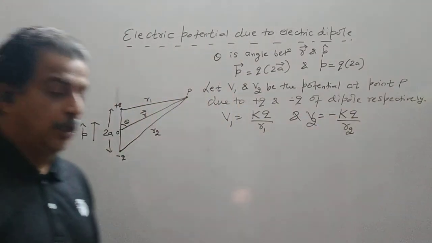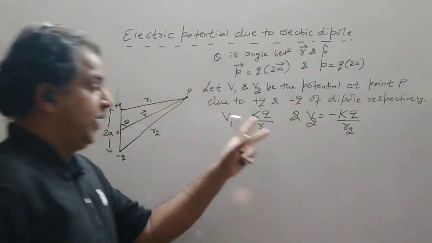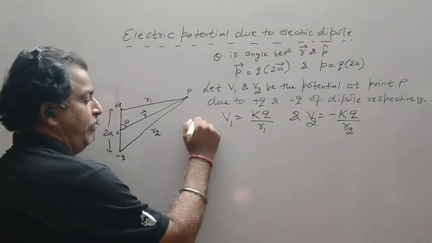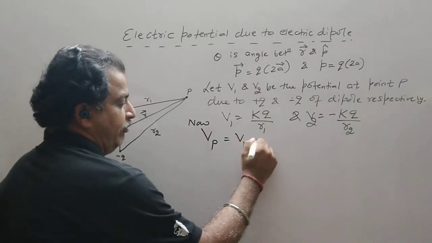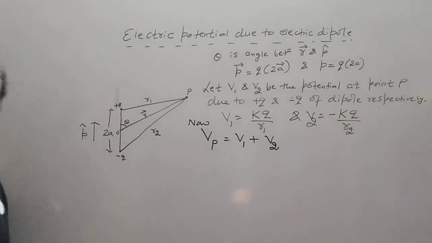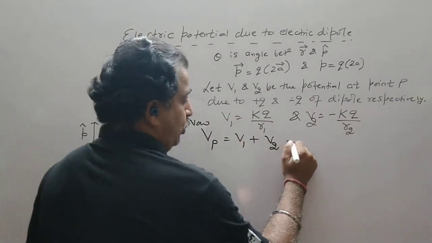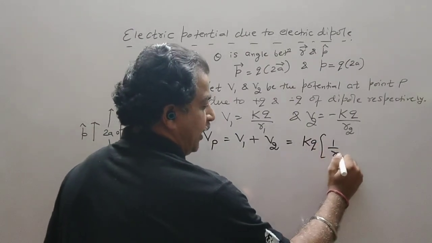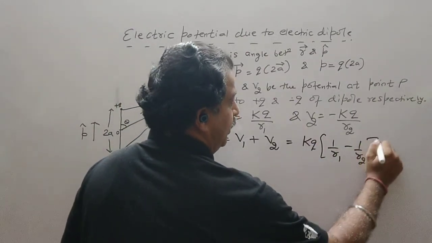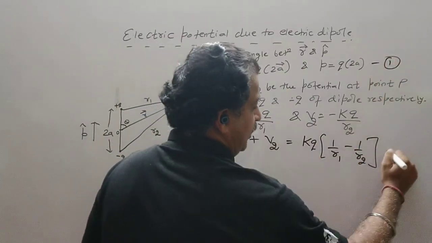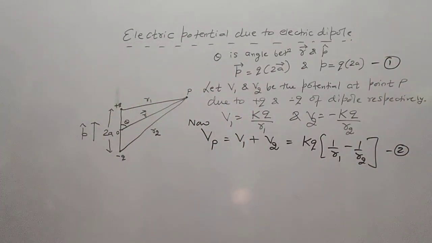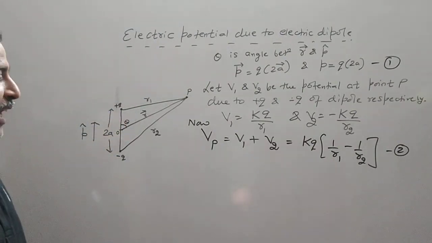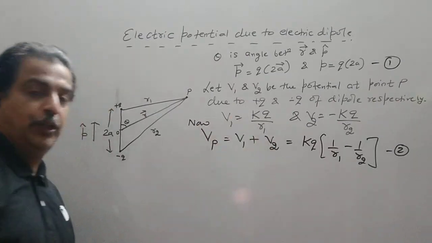Now the total potential will be the summation. So potential at P, Vp, is V1 plus V2. This is equal to, I substitute this value, so KQ is common, 1 upon R1 minus 1 upon R2. Let this equation be 1, this is equation number 2. So this is the potential at point P where we have algebraically added V1 and V2.